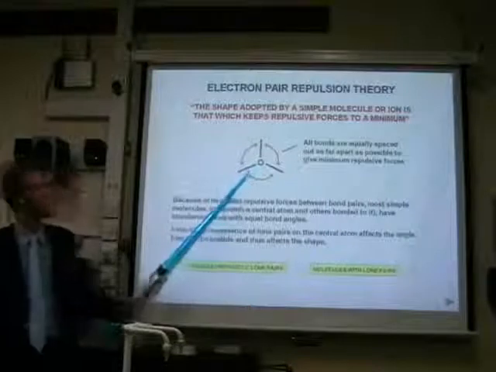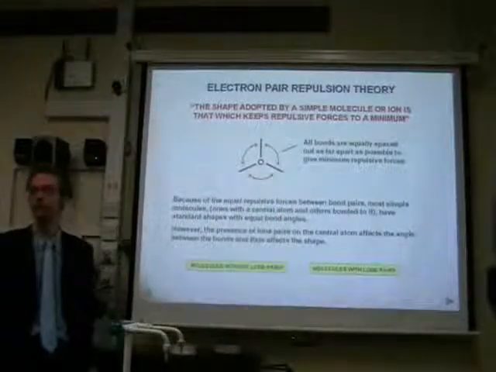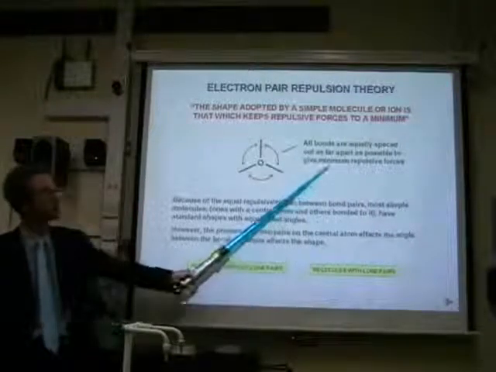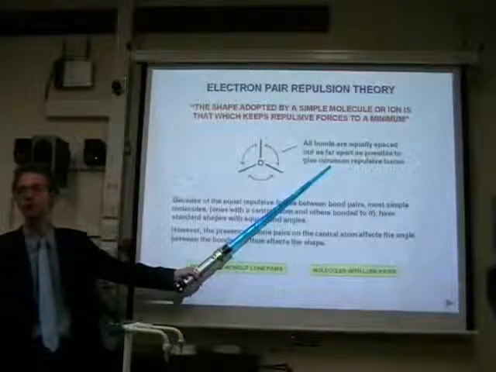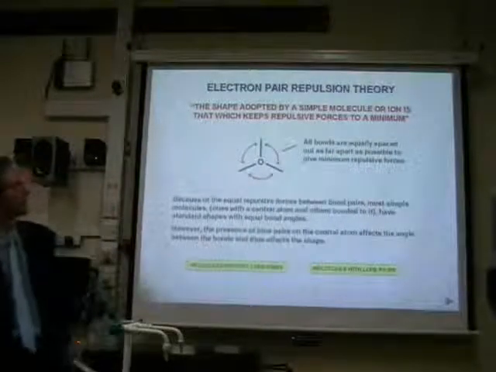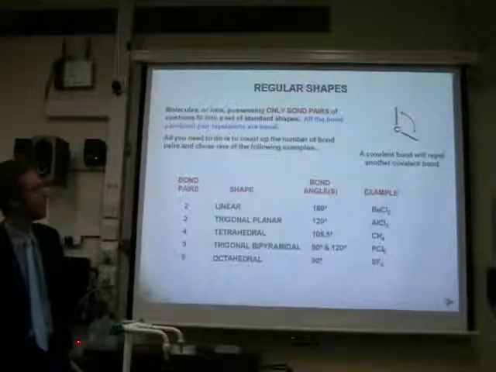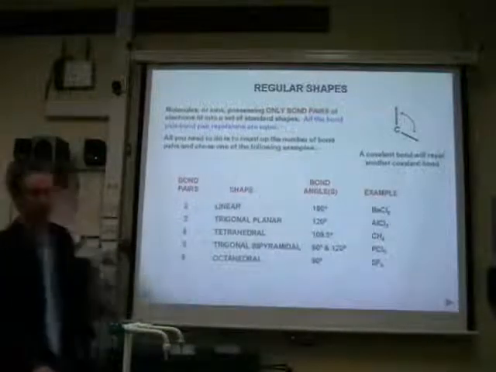What happens is they move as far apart as they possibly can be, so that you've got minimum repulsion going on. And that's probably one of your key phrases. They've moved to a position of minimum repulsion. So if you have 2 bond pairs, then they're going to get as far away from each other as possible.